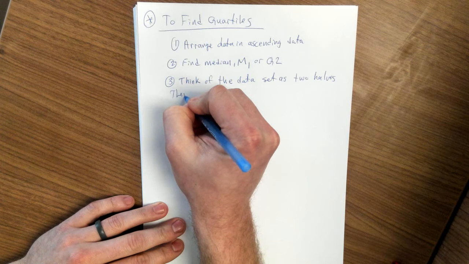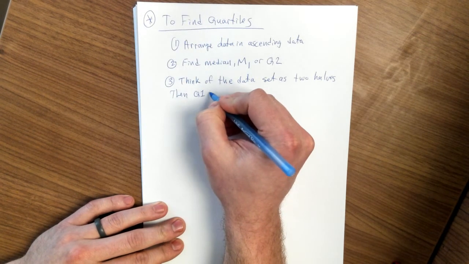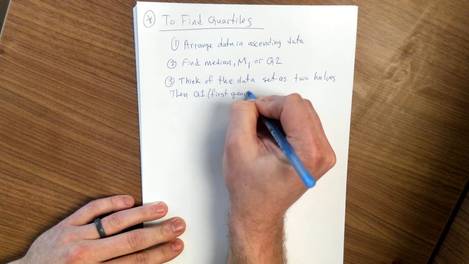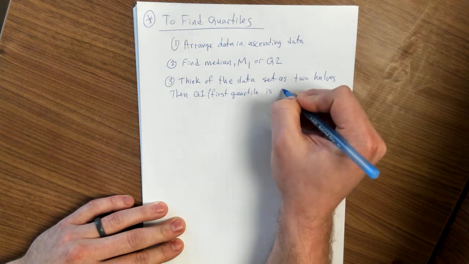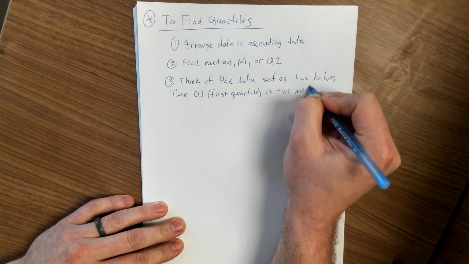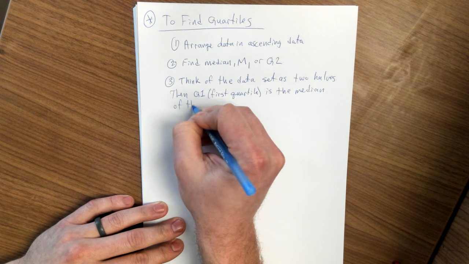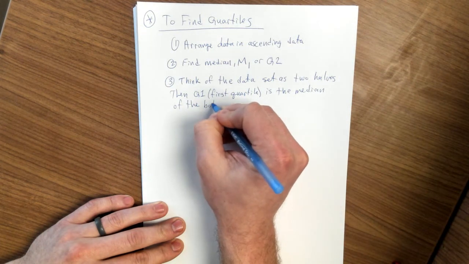Then Q1, the first quartile, is the median of the bottom half of the data.